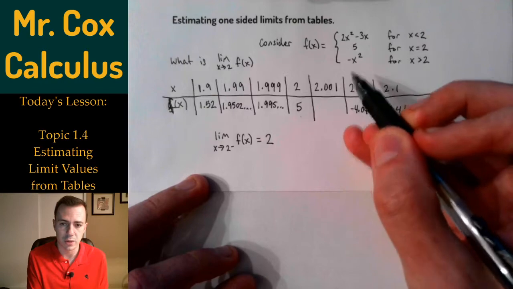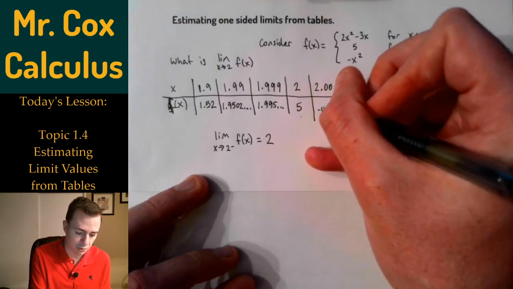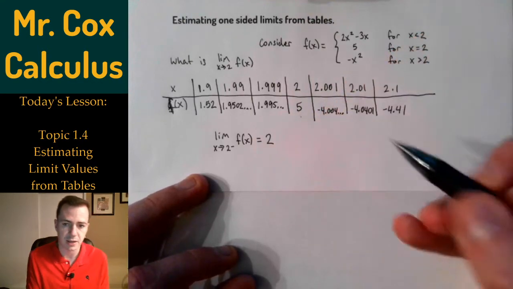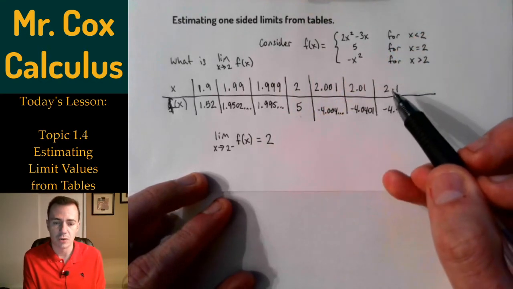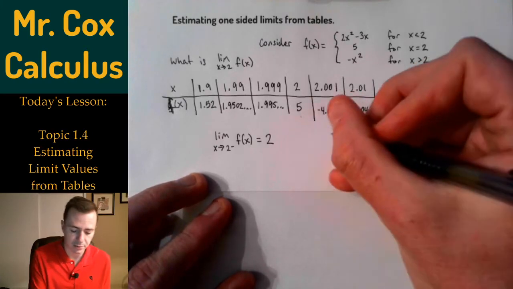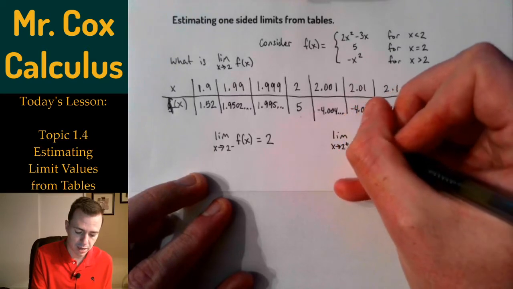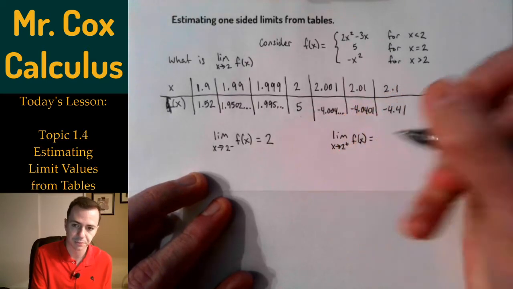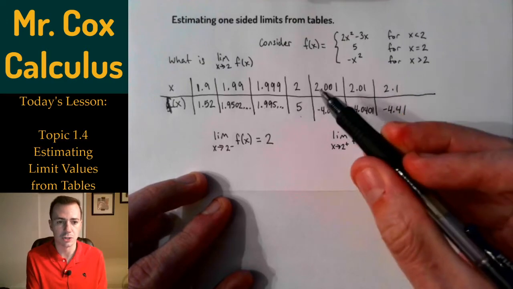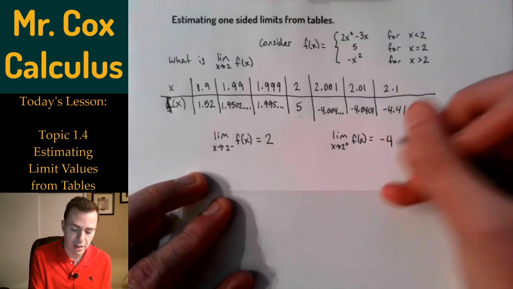And then for 2.001, I get negative 4.004, and that goes on like that. So if I want to talk about what happens as I approach 2 from the right, the limit as x approaches 2 from the right of f of x, these function values are approaching negative 4.